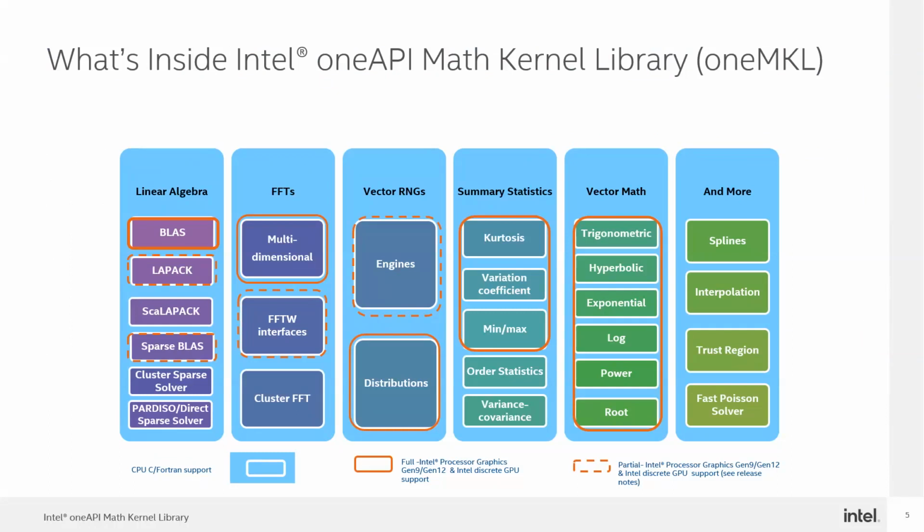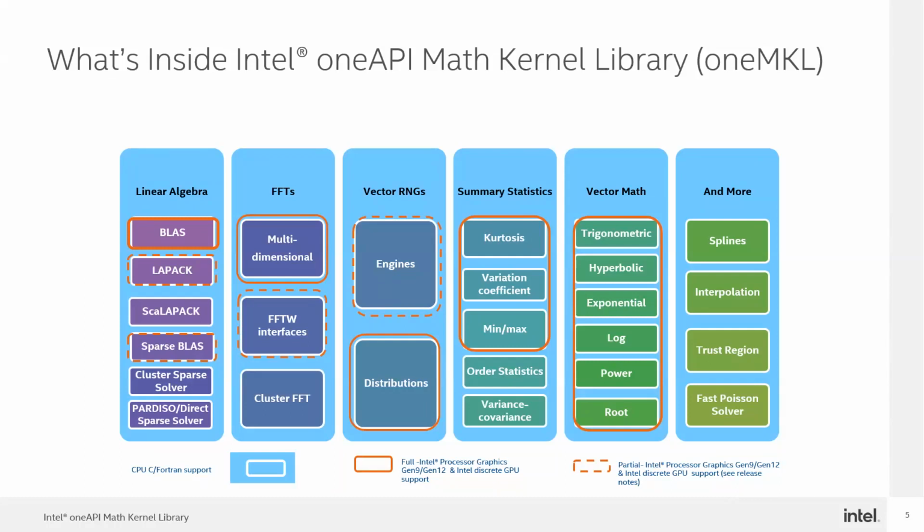You have a clustered version of the FFT. You have random number generators, both engine and distribution, statistics, and vector maths, which is very important. All the typical mathematical functions that you find in the mathematical libraries are directly available in vectorized versions. And you have more, like splitting, interpolation, and so on and so forth.